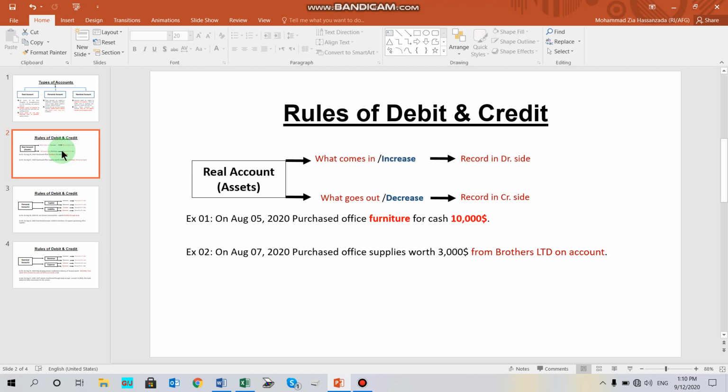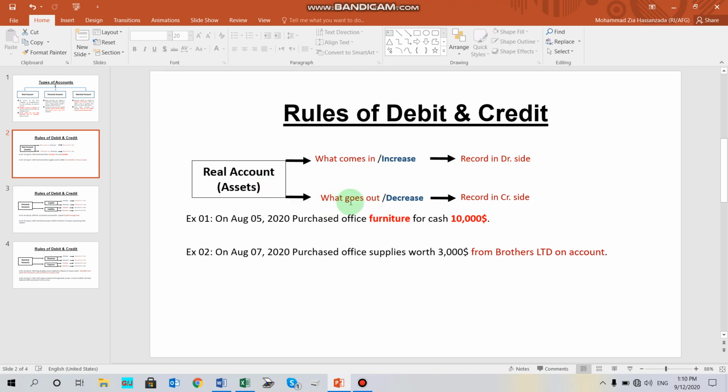Here we are going to have a look at the rules of debit and credit for real accounts or assets. For recording a transaction related to assets, when there is an inflow of assets within the organization, in other words, if there is an increase in our assets, we record them on the debit side.